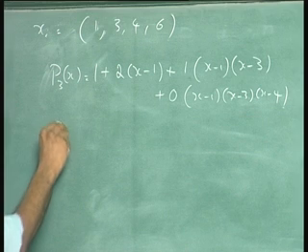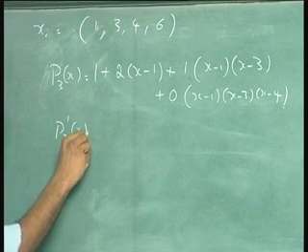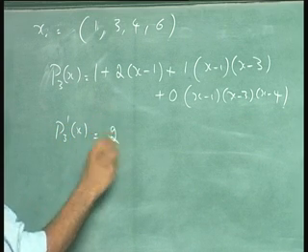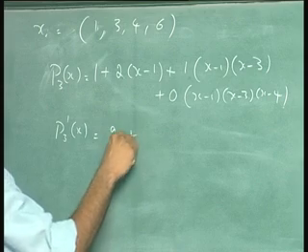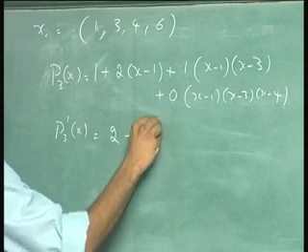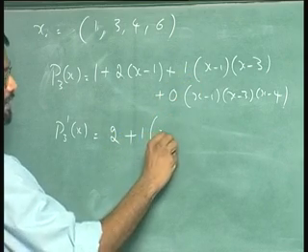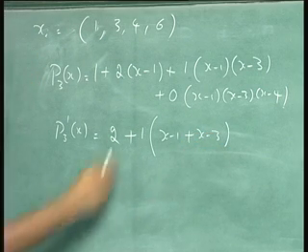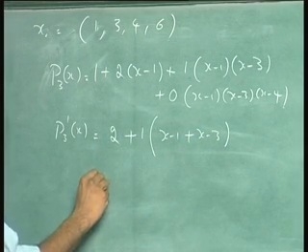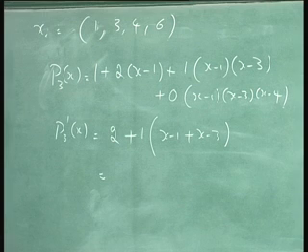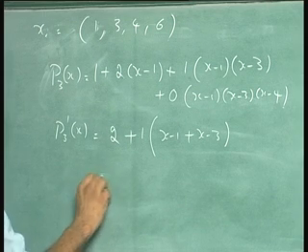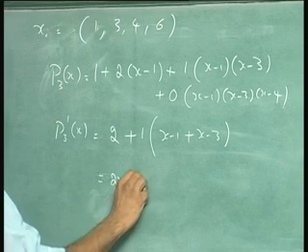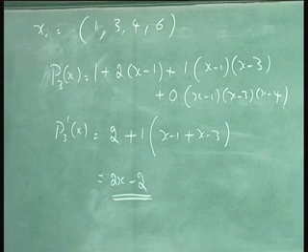So the derivative of this third order polynomial at any point is 2 from this, plus 1 into the terms x minus 1 plus x minus 3, and the last term doesn't exist. So that gives us 2x minus 2 as the derivative, evaluated at any point.